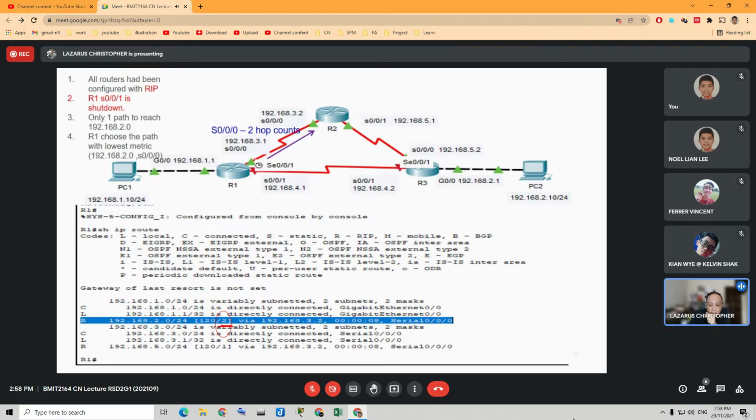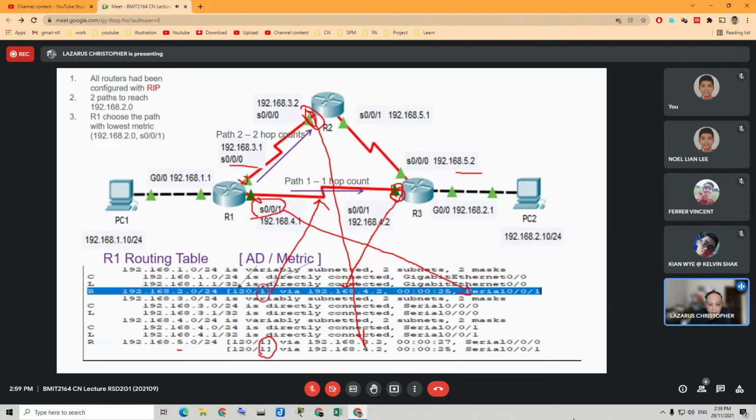192.168.2.0, two hops, because here we disable. So when we disable this one, this one becomes the path. When this is active, this one is ignored, and this one is chosen as the path.